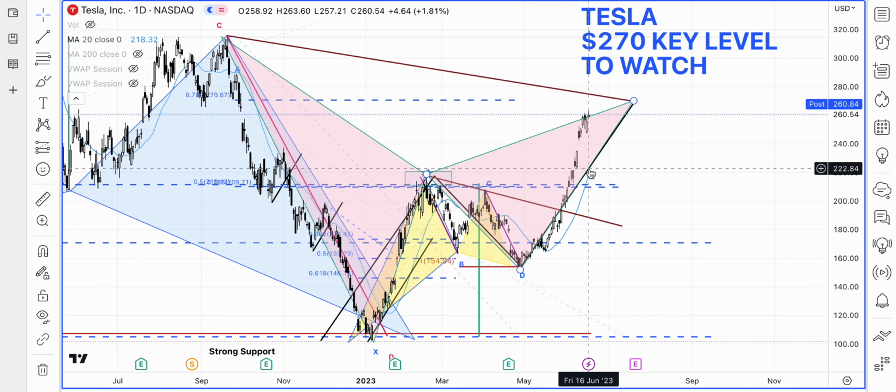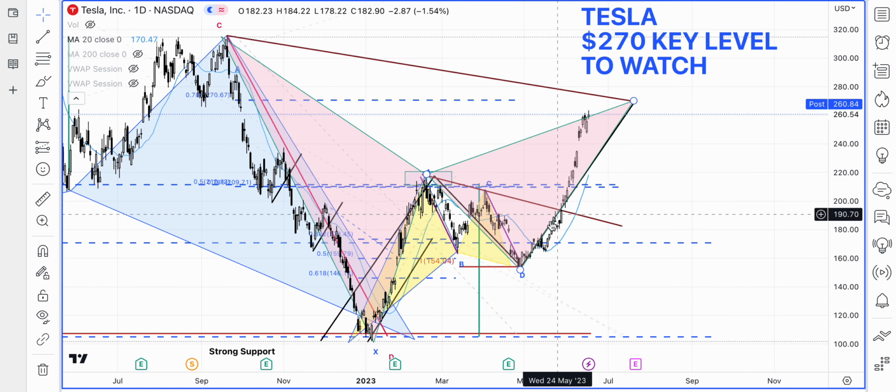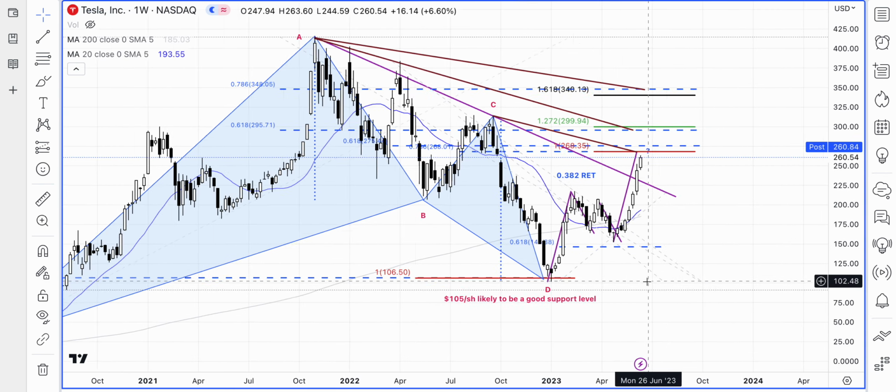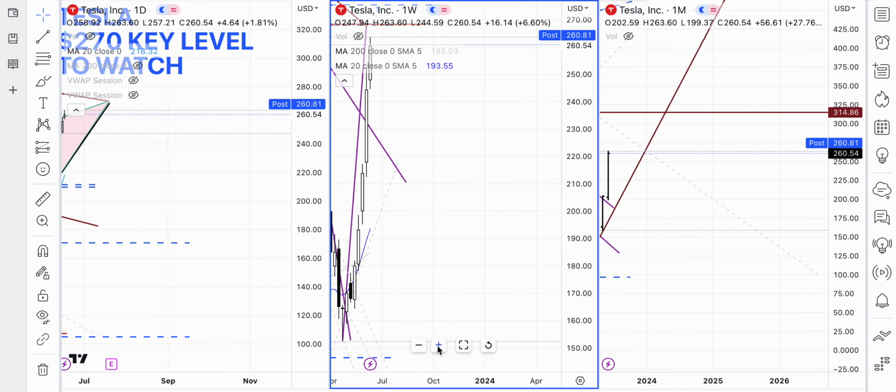The stock made a high of $263.60 today, so it came pretty close to our target range on the daily chart. Just quickly on the weekly chart, again, this is where we'll have that $268 to $270 per share level, and we have some higher targets as well, but in this video we are not going to discuss that.